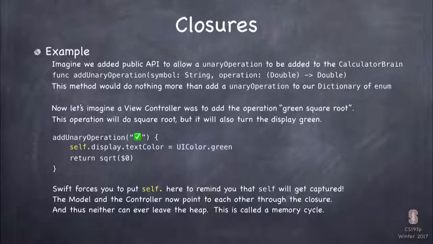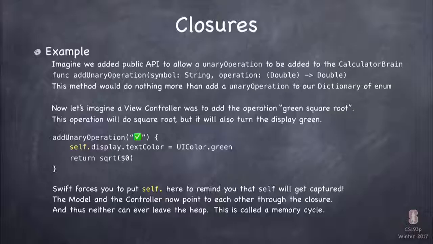That matters because you point to this closure, which our view controller does, since our view controller has the calculator brain, which has the operations table, which has this closure in it. You see? So I'm pointing to that indirectly from my view controller, and it's pointing back at me, self dot. It's going to capture self. Self is a pointer to myself, my own view controller. Now I've created a memory cycle. Everyone understand what's going on there?